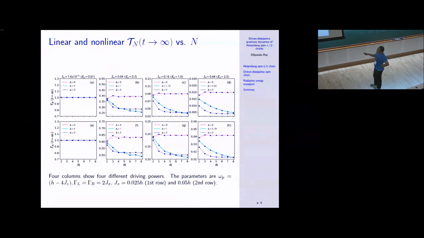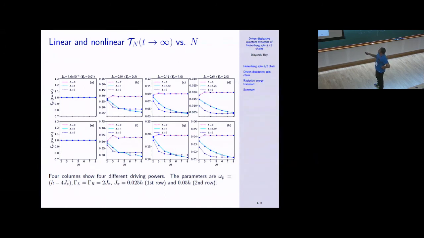But now in the nonlinear regime, if you look here, delta 0, which is the pink color, looks again ballistic, independent of n. And delta large, which is 3 here, the blue, also is ballistic.